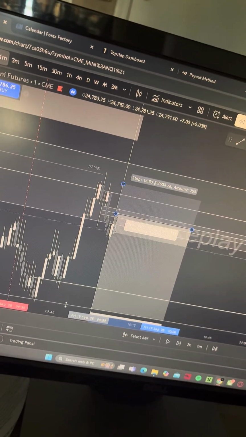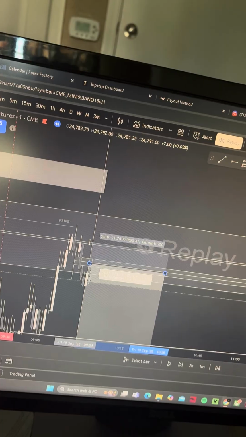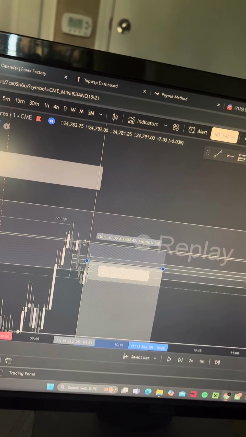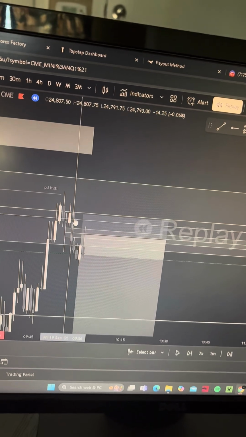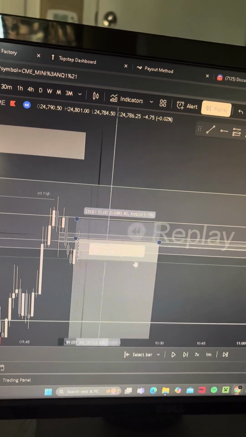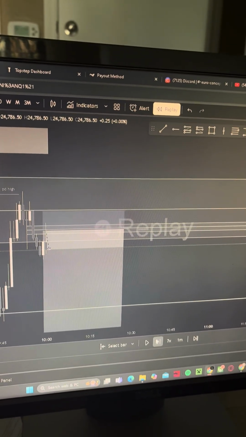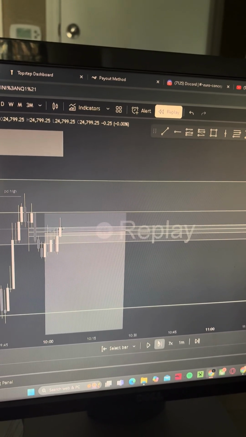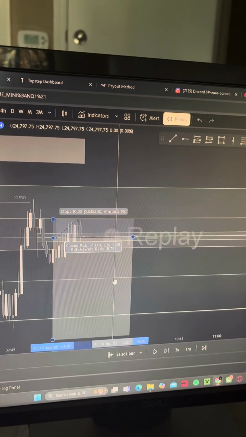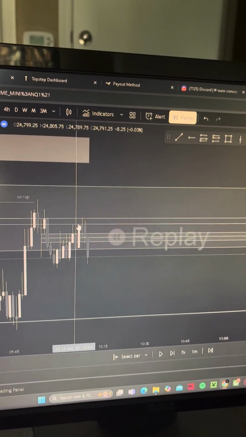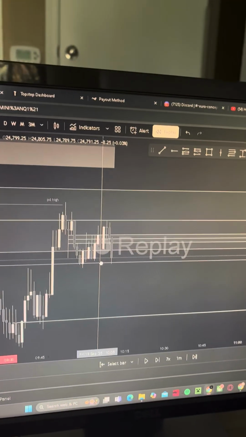Just gonna target these lows, with a 10-point stop. I really wanted to. I was looking at this order block, so you can imagine. Boom, boom, boom. I get stopped out by a tick.